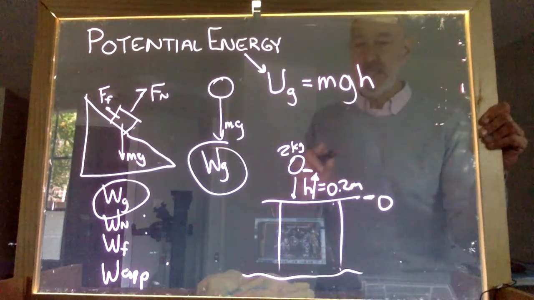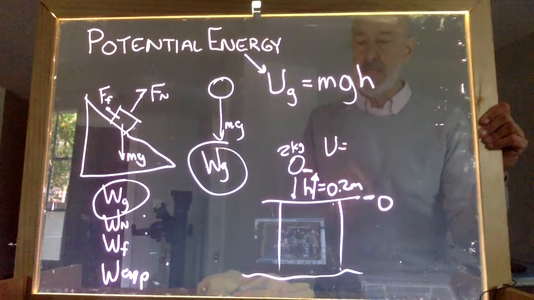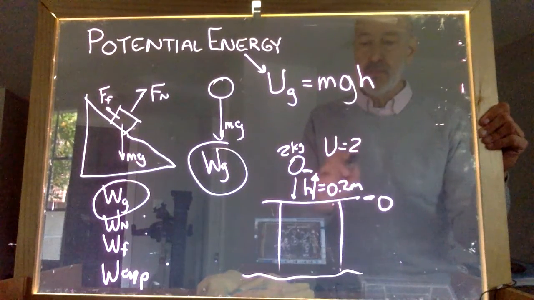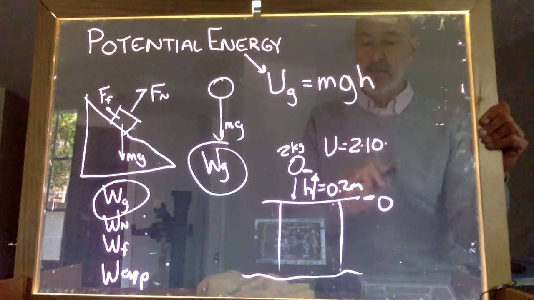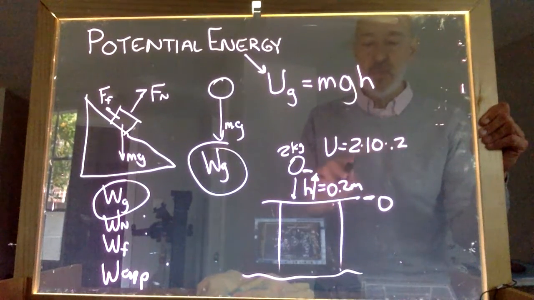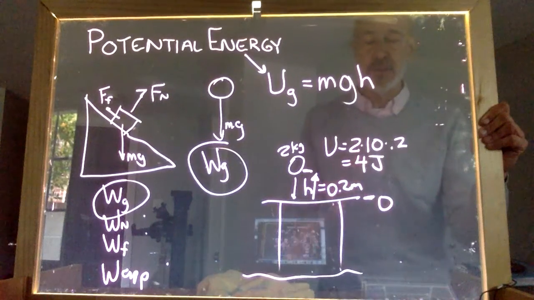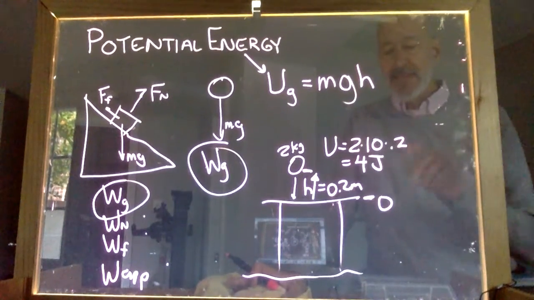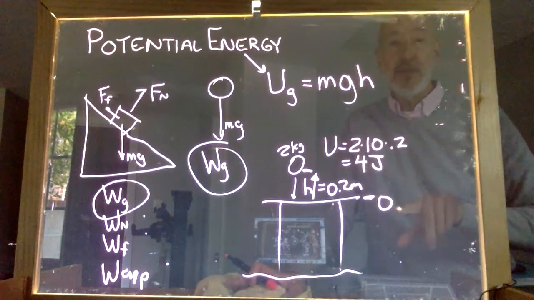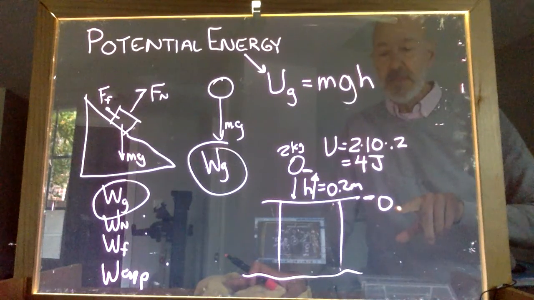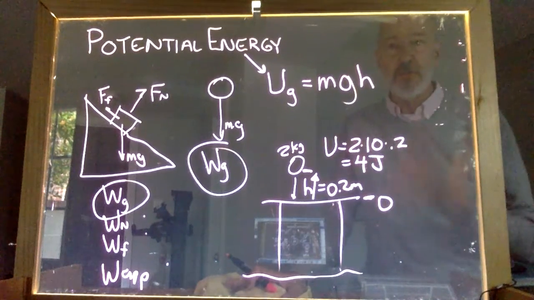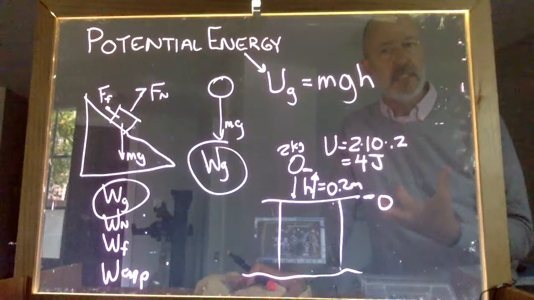Okay, so in this case, the potential energy would be mass 2 times g, about 10, times 0.2. 20 times 0.2 is 4 joules. Okay, and that's saying it's 4 joules relative to the table height. So we're always talking about relative. Potential energy is always relative.